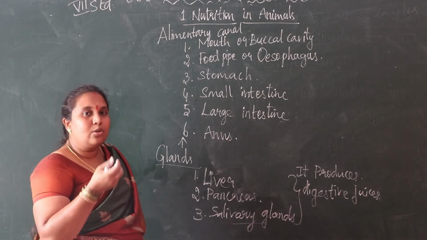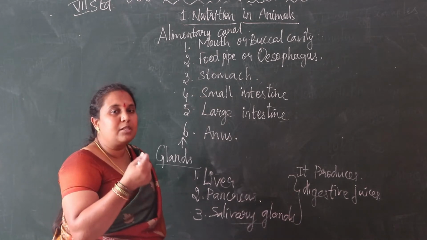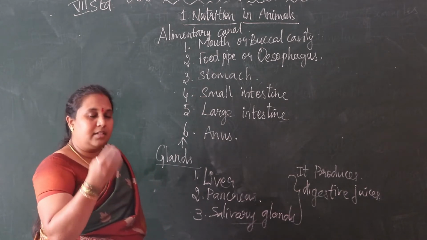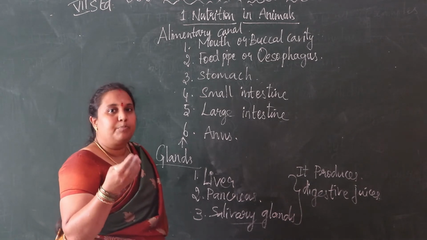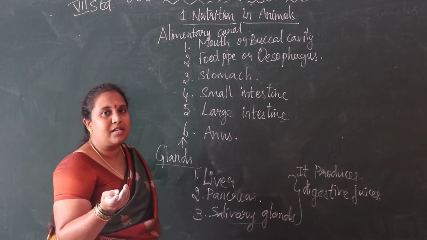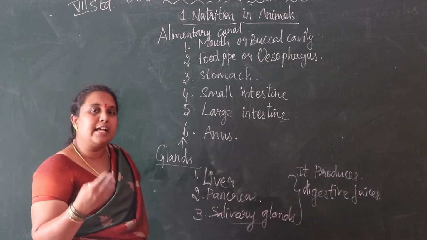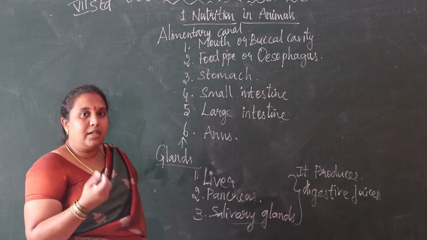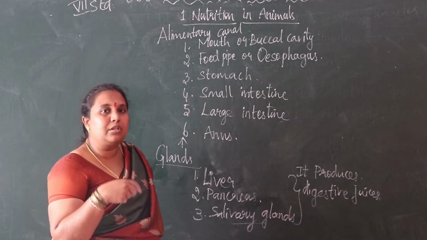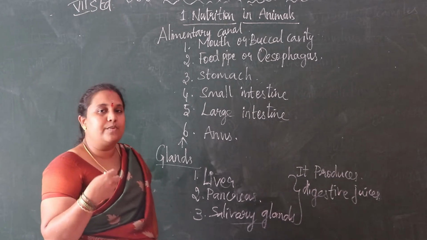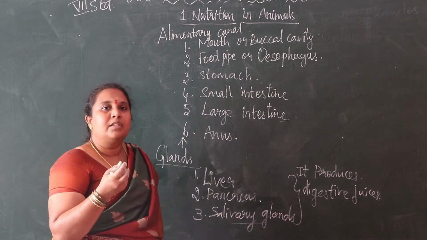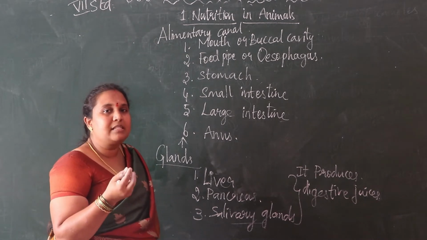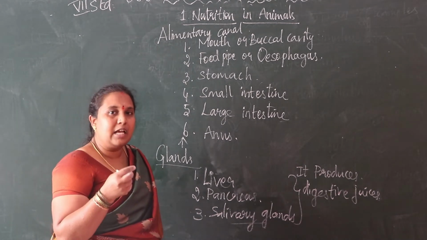Understood? The saliva present in our mouth makes the food into simpler substances to swallow. We cannot swallow the bigger particles which we are eating, so we should chew. After chewing, the mouth helps to mix the food and saliva.